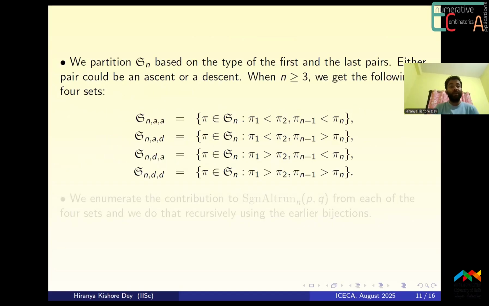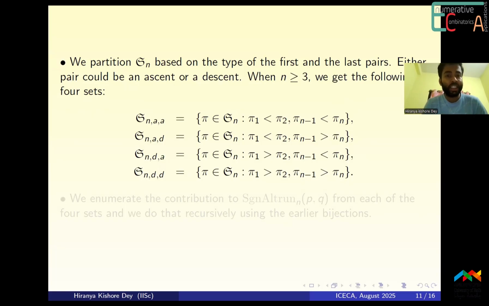Now, when n is 0, 1 mod 4, then our argument is much more involved. There, our idea is to look at the starting and the ending. There are 4 options for this. The starting can be increasing and the ending also increasing. The starting increasing, the ending decreasing. The starting decreasing, the ending increasing. Both the starting and the ending decreasing.